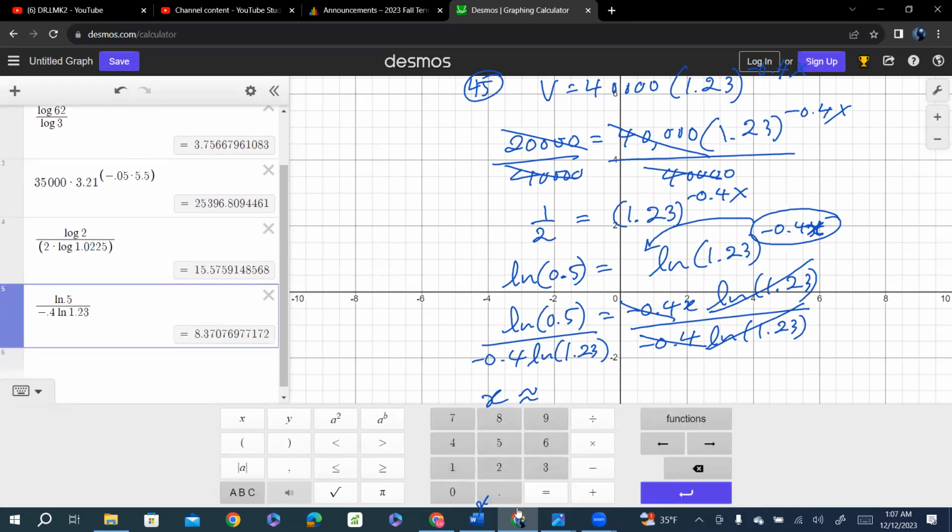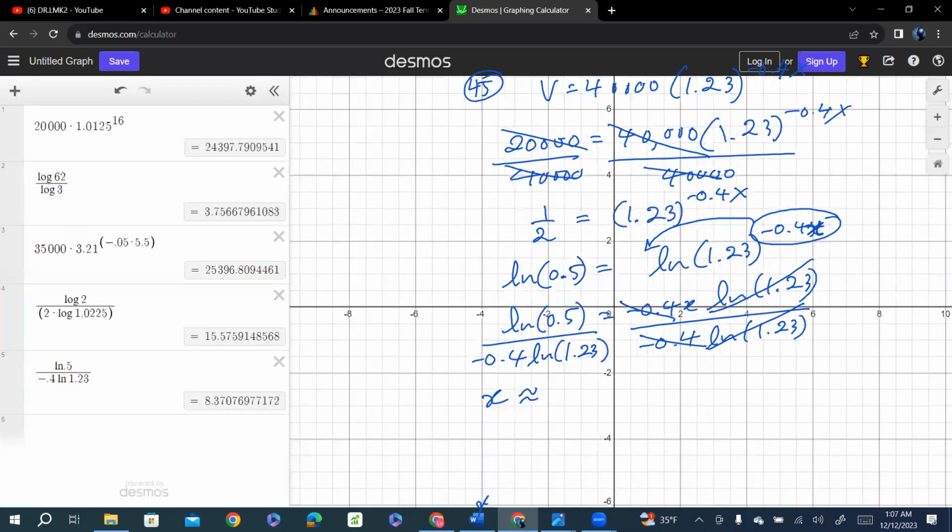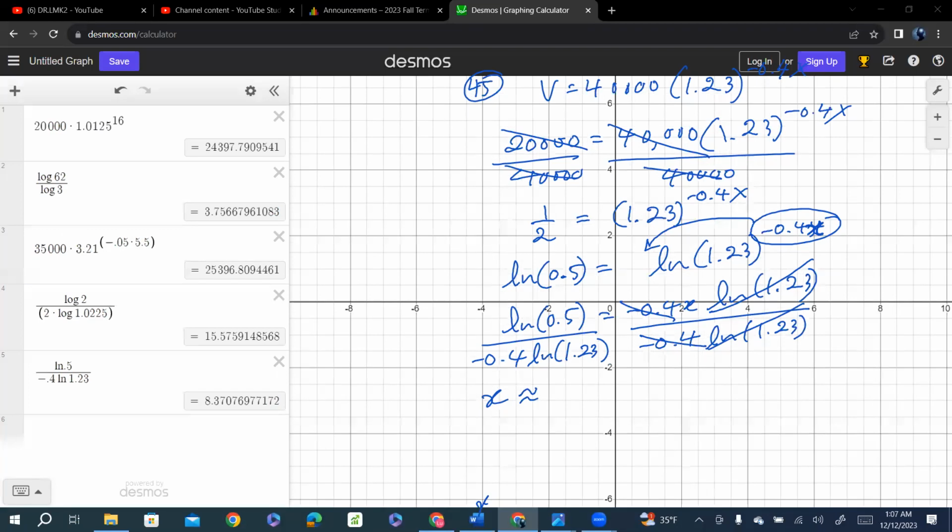If your calculator is not properly writing like that, maybe you want to put parentheses around the denominator. Mine looks okay, so I'm going to use it to the nearest hundredth, second decimal place. So it takes how many years? Let me write that.